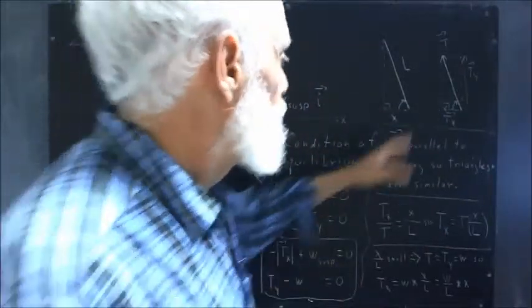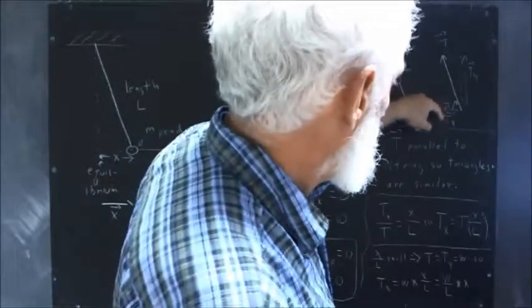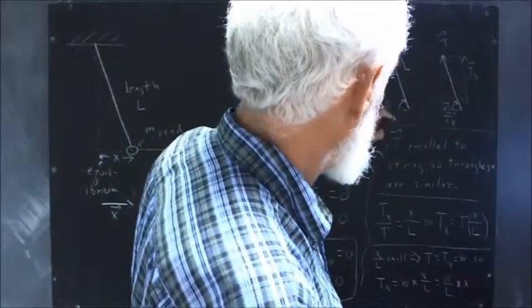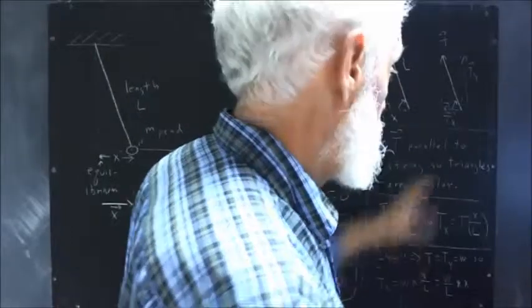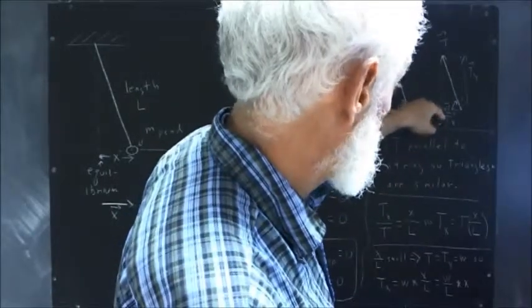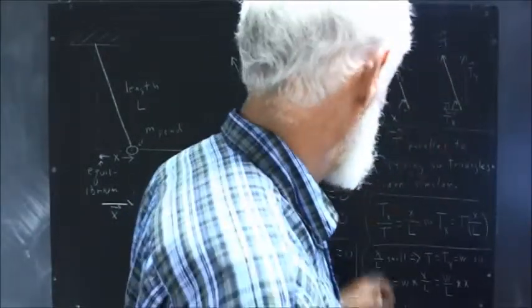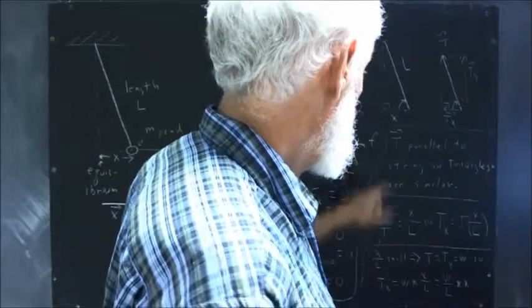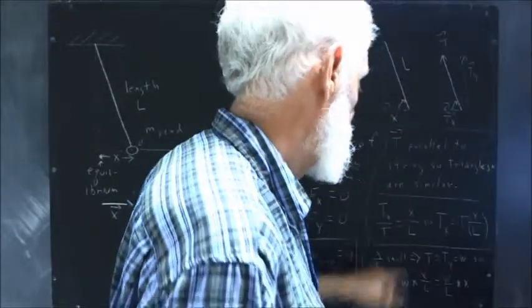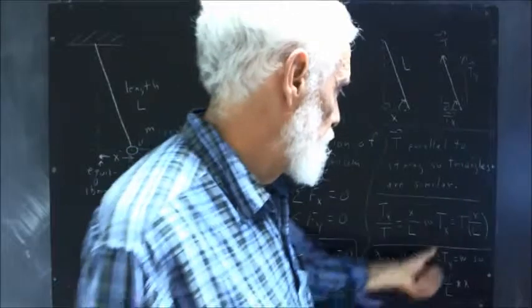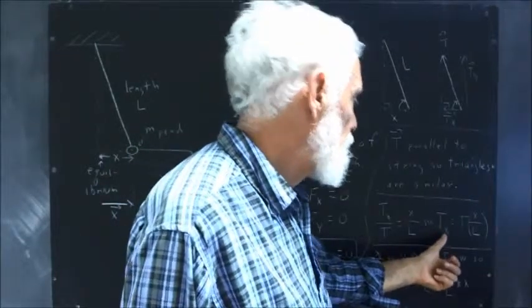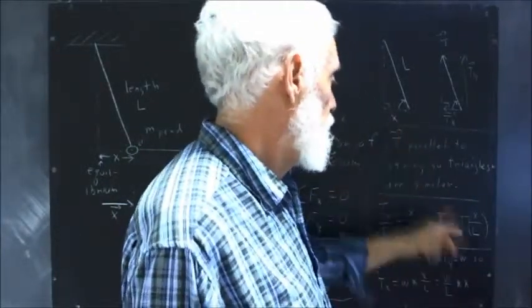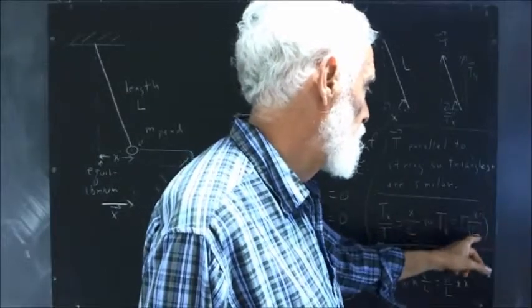Okay, so if the triangles are similar, what do we say? That this side over this side is equal to this side over this side. We can write that. We have Tx is the length of this side, T is the length of this side. Tx over T equals x over L. And from that it follows, of course, that Tx, the x component of the tension, is equal to the tension times x over L.